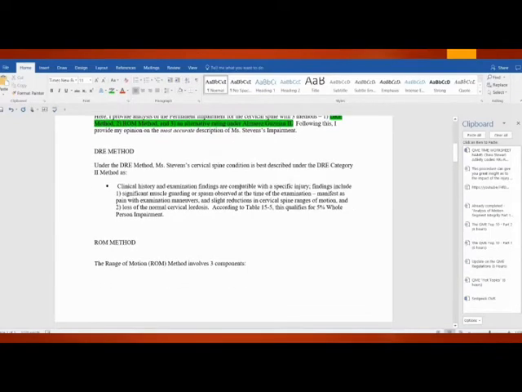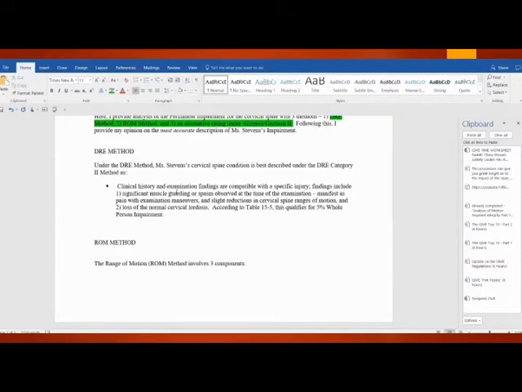So under the DRE method, I opined for a DRE Category 2, meaning that the clinical history and exam findings are compatible with a specific injury. Findings include significant muscle guarding or spasm.